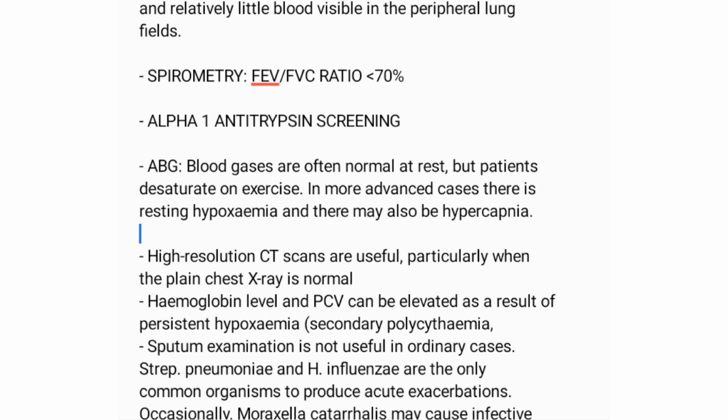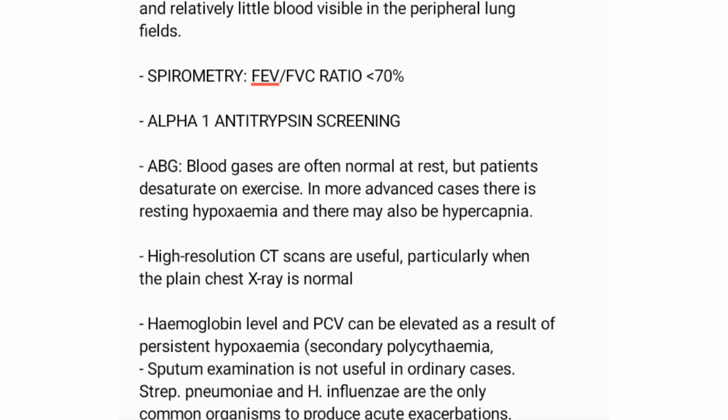So for our ABG, blood gases are often normal at rest, but patients desaturate on exercise, and in more advanced cases, there is resulting hypoxemia and there may also be hypercapnia. Okay.